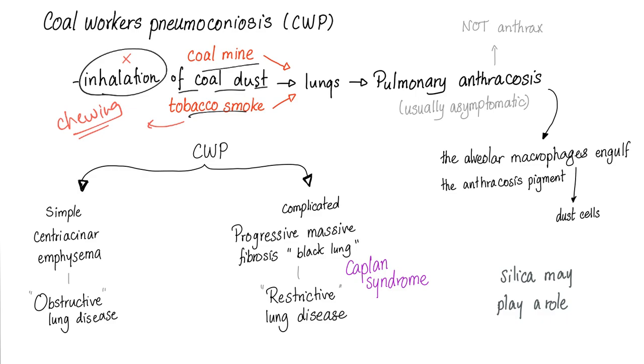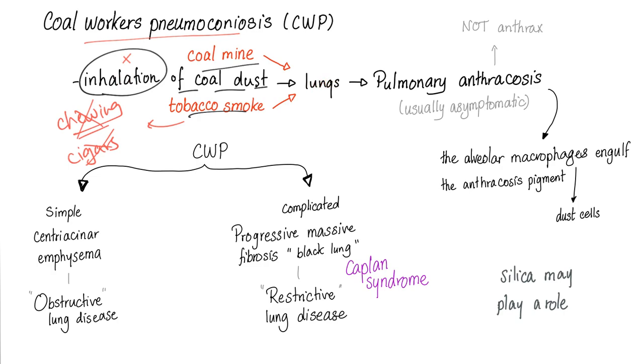It's not, but it doesn't cause coal workers' pneumoconiosis. I'm talking about tobacco smoke, and this does not include cigars. Why not? Because cigars are absorbed through the oral mucosa and maybe some of it is swallowed, so it's not inhaled. So you're saying that it's okay to smoke cigars? I'm not saying that, but what causes coal workers' pneumoconiosis is specifically the cigarette, the tobacco smoke. Because in science we have to be very specific.